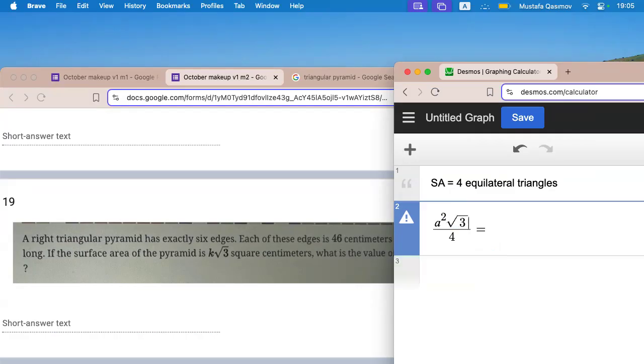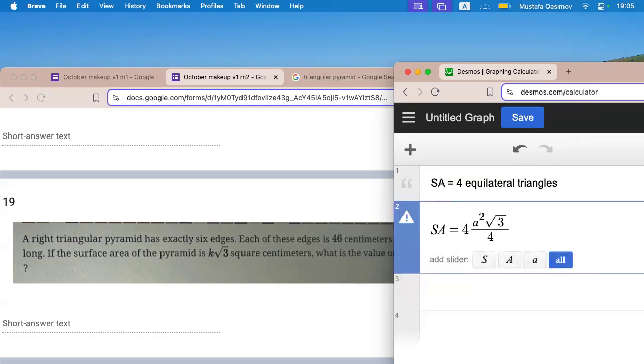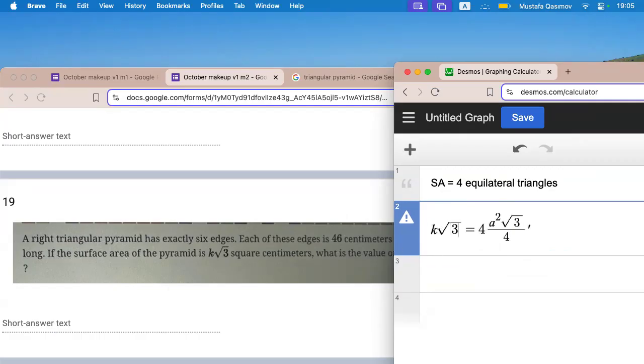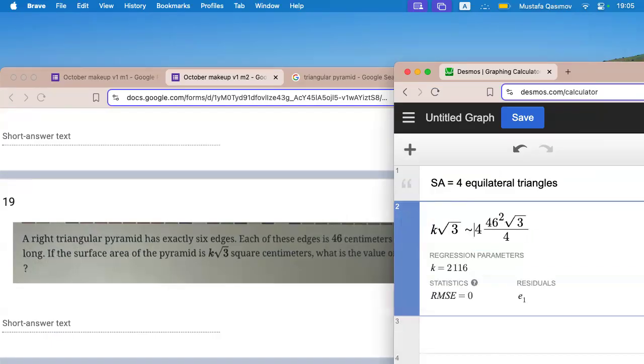If we multiply this by 4, it is equal to the surface area, like that. It says that its surface area is equal to k square root of 3. Then we can write 46 instead of a, and it will be our answer.